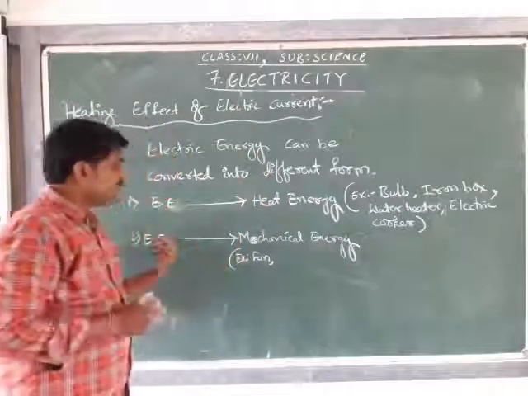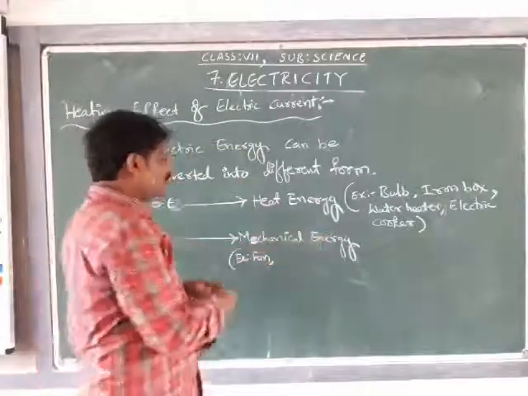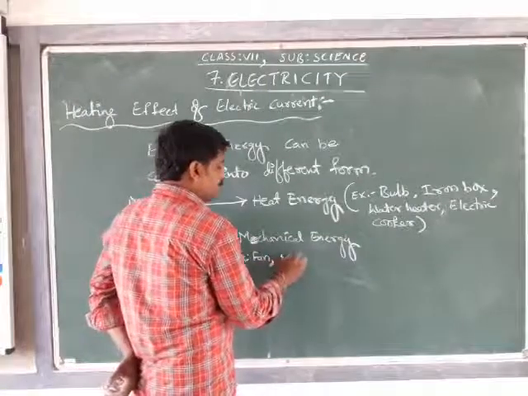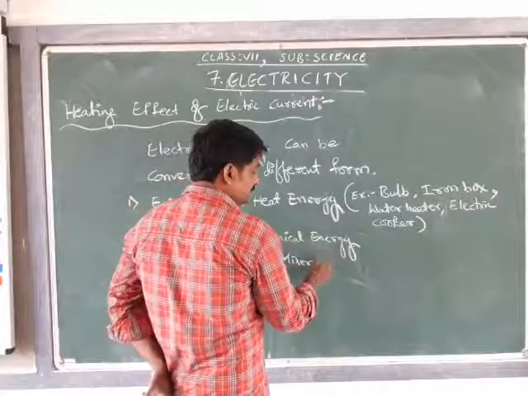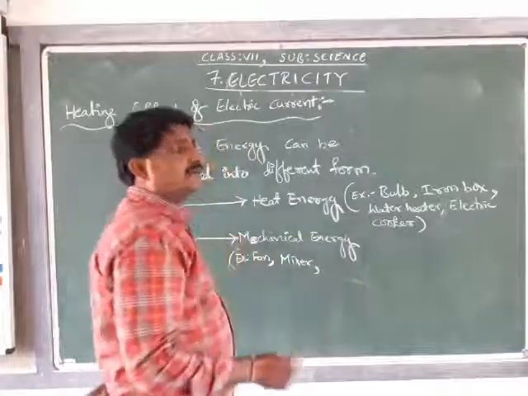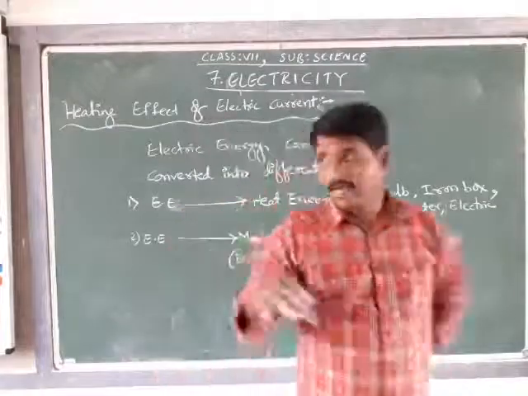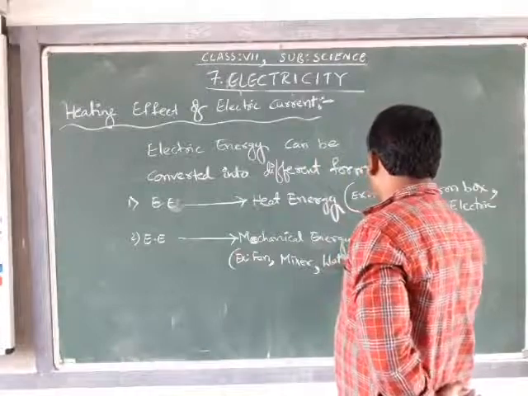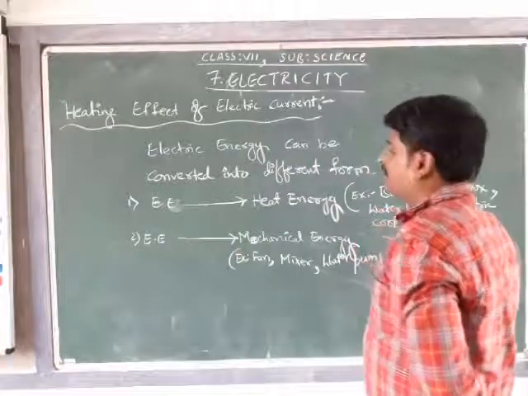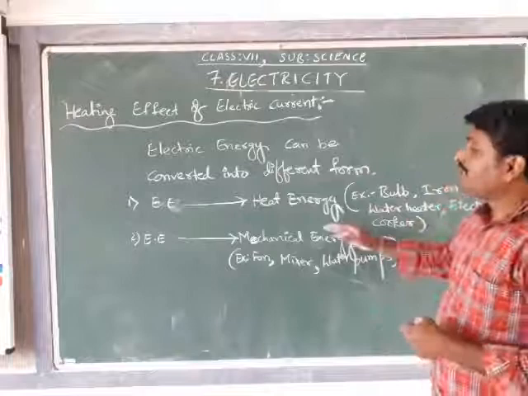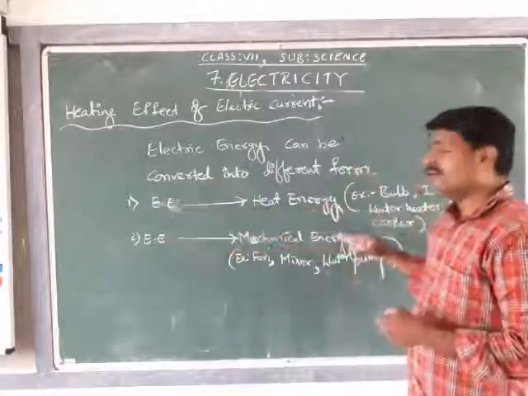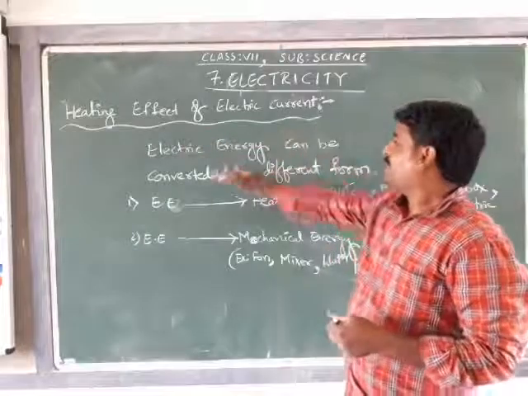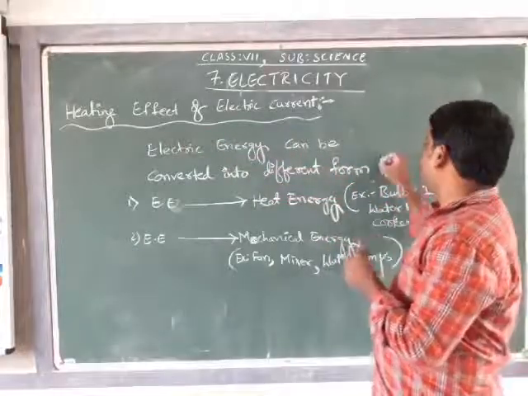The same electric energy is converted to mechanical energy, making the fan rotate, and mixer grinders, the mixer to rotate, and water pumps. The functionality of the water pumps is also due to electric energy being converted into mechanical energy. That is, electric energy can be converted into different energies.